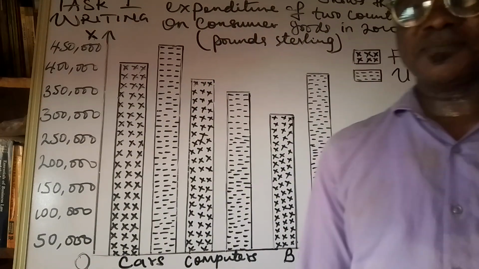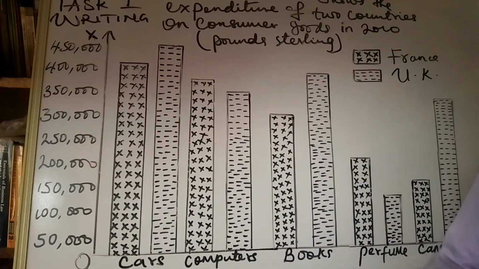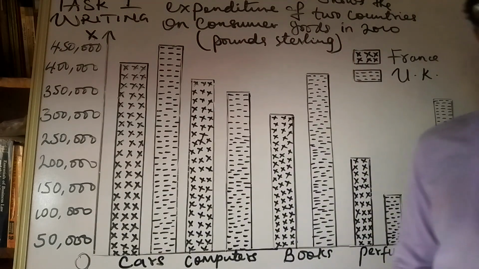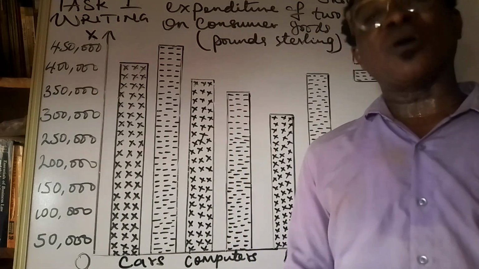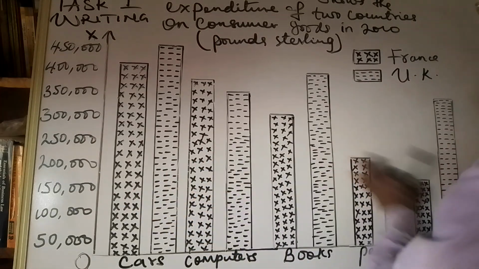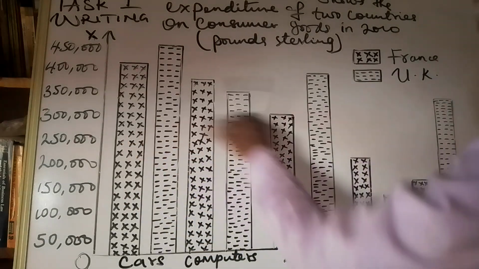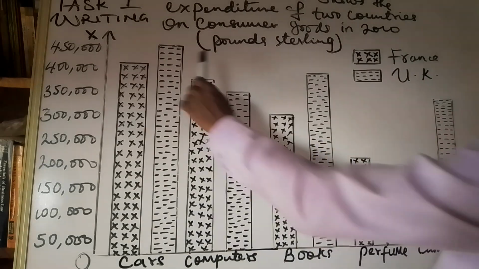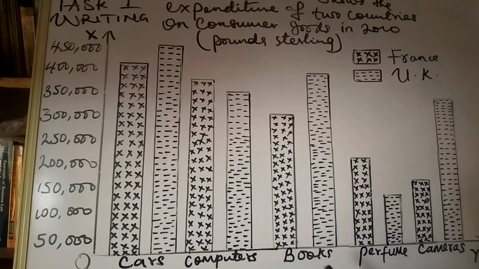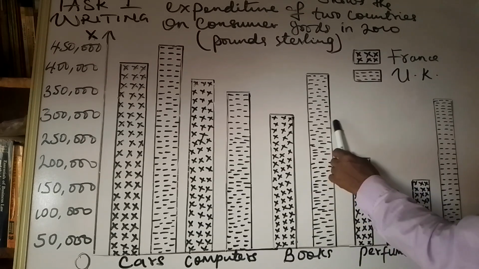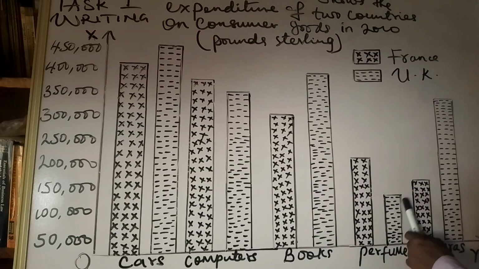I take that again. In the period under study, 2010, the UK spent more on consumer goods than France, and this can be attested or proved going by the bars representing British expenditure. Cars, computers, books, perfume, cameras.